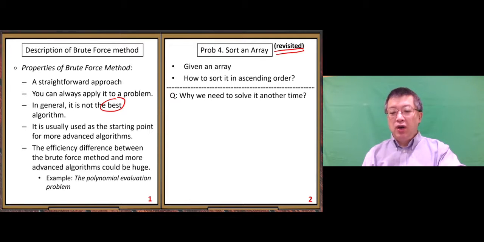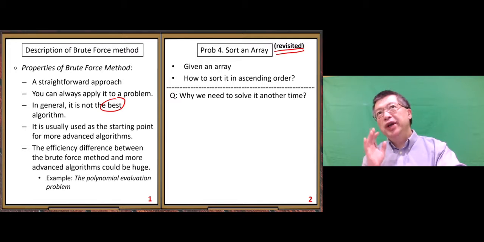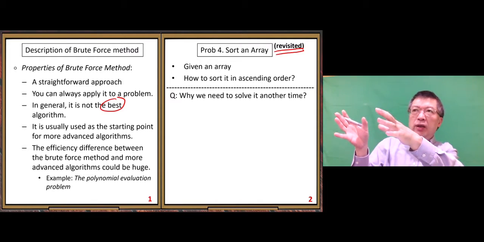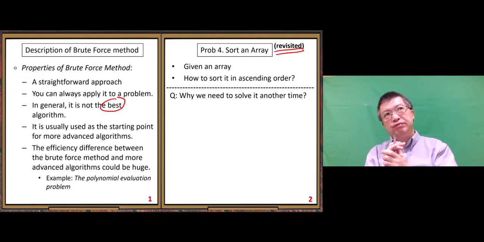The question is, why do we need to solve it another time, right? Usually when people solve a problem, they never want to try a different way to solve it. Many people are like that.